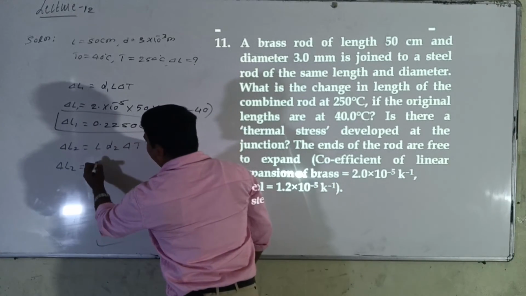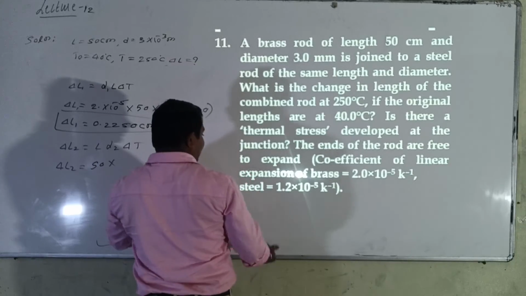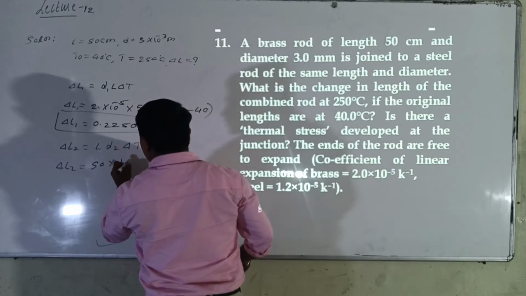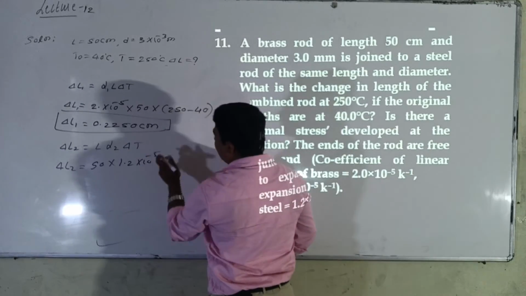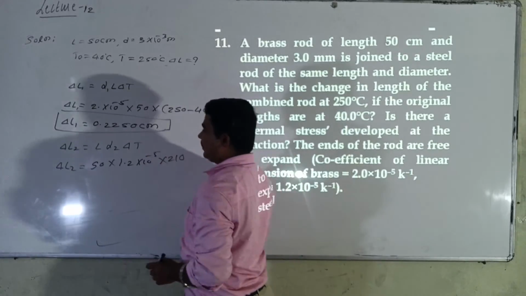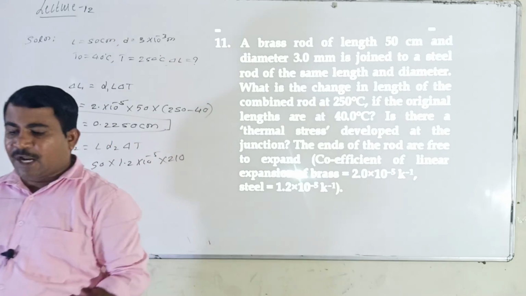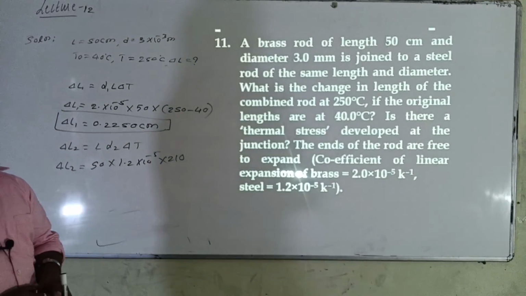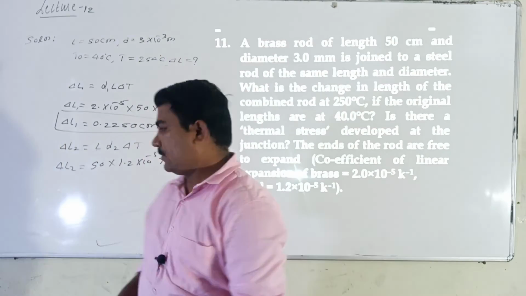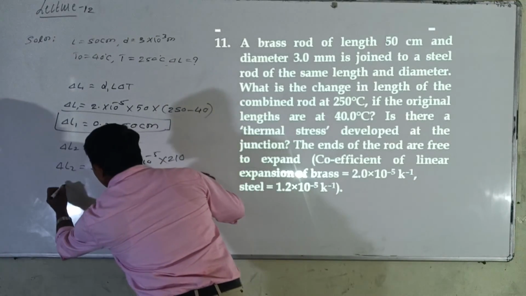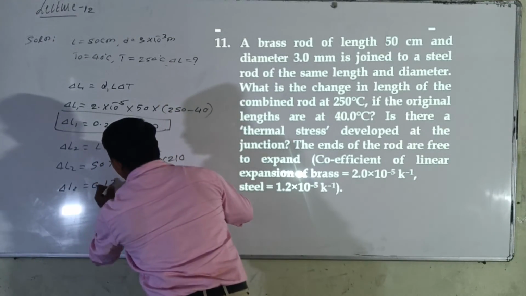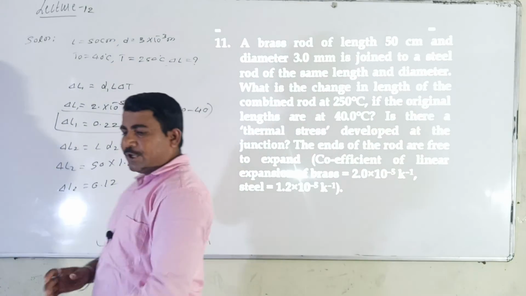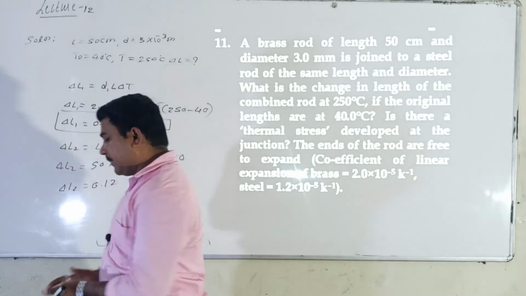So 50 into alpha 2, which is 1.2 into 10 raised to minus 5, into delta T, which is 210. Then delta L2 you will find is 0.126 centimeter.